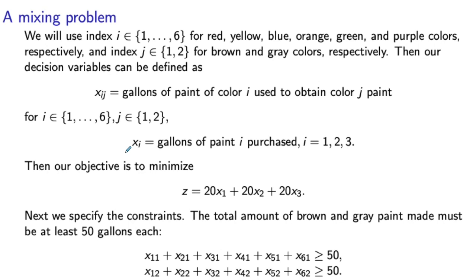We can only purchase the primary colors, remember. Then our objective was to minimize the summation of 20 times xi's for i between 1 and 3. Next, we specified the constraint ensuring that we have at least 50 gallons of gray mix and at least 50 gallons of brown mix. These are what we call the demand constraints.